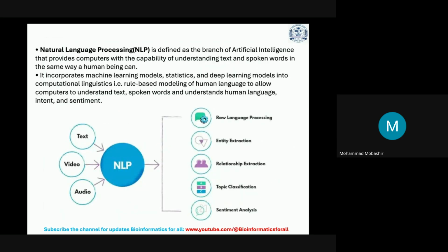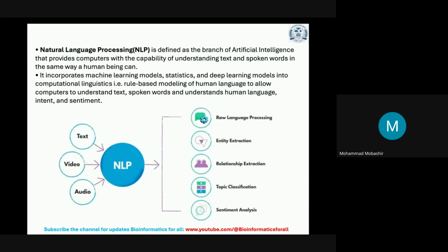Now, natural language processing, NLP, is defined as a branch of artificial intelligence that provides computers with the capability of understanding text and spoken words in the same way as a human being can.